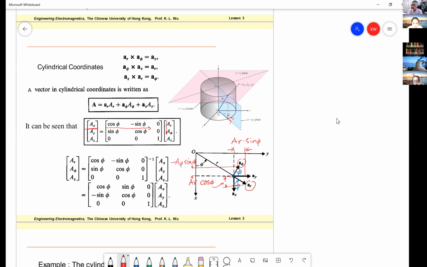So that's why we add: this is sine phi, and this projection is A phi times cosine phi, right?